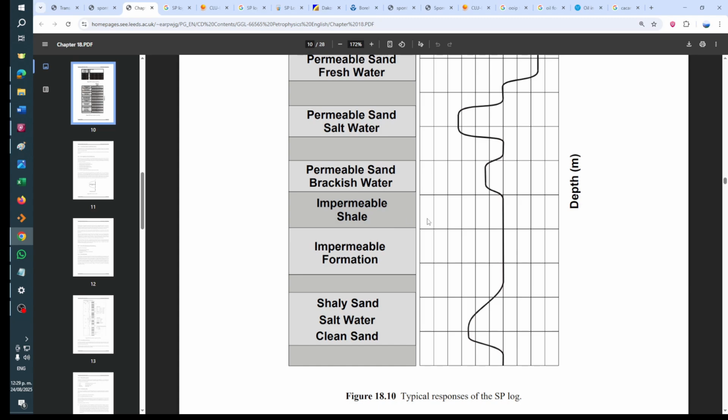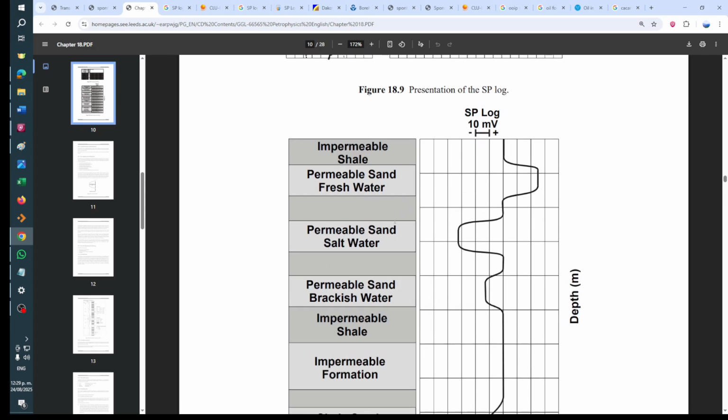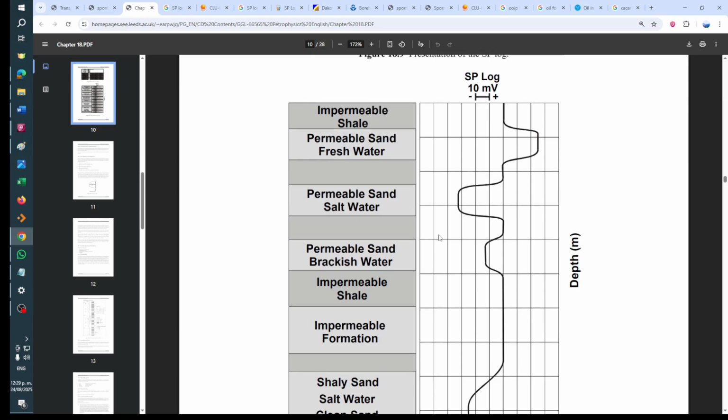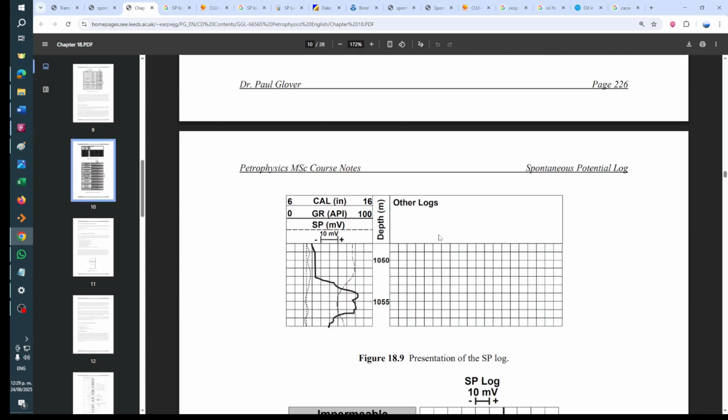So those are the two scenarios where the curve is going to look flat: no permeability variation, and no salinity difference between the two fluids that have been in contact.